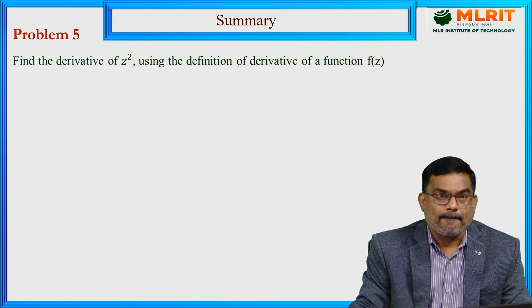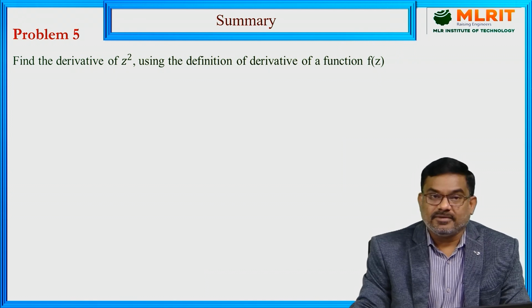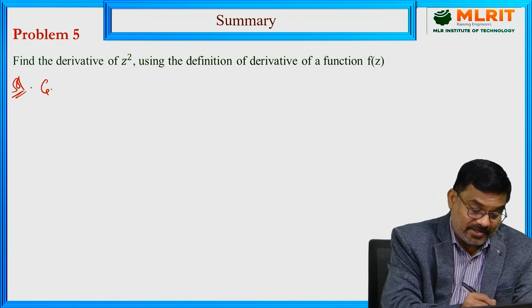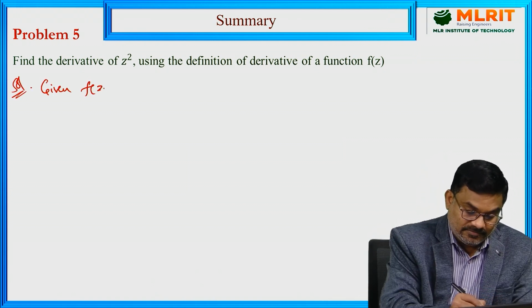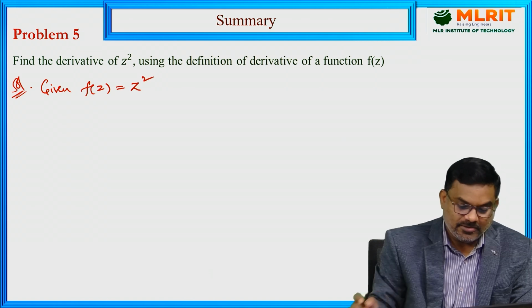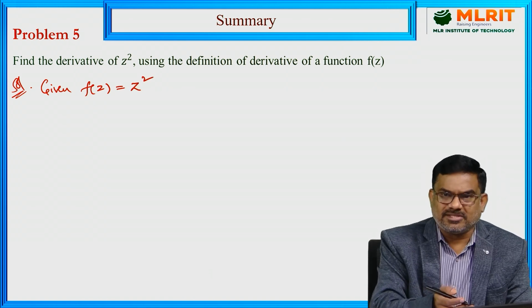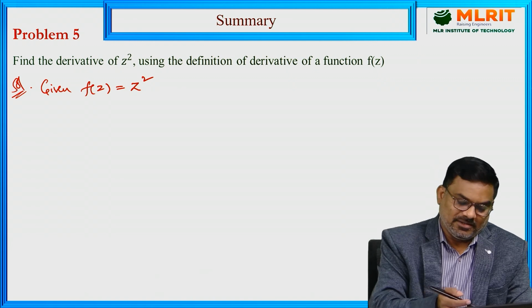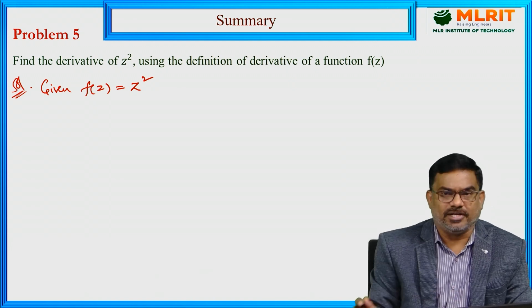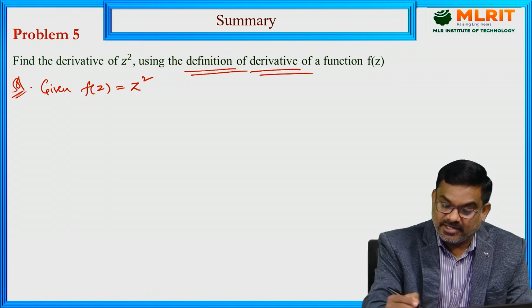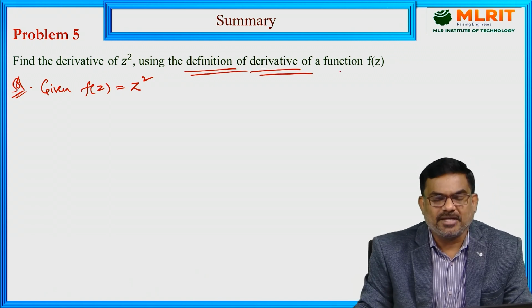The next one: find the derivative of z square using the definition of derivative of a function f of z. Given f of z equal to z square, and we know its derivative. Directly we can find the derivative of z square is 2z, but we need to prove that using the definition of derivative of a complex function.